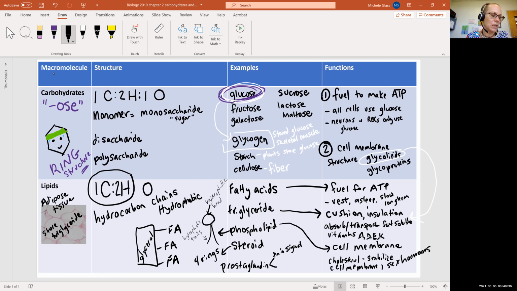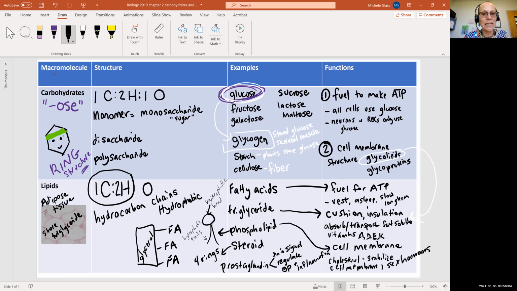We will also see that prostaglandin is important in helping to regulate blood pressure, which I'm going to abbreviate here as BP, and inflammation. There's this interesting discussion of omega-3 fatty acids in your text.